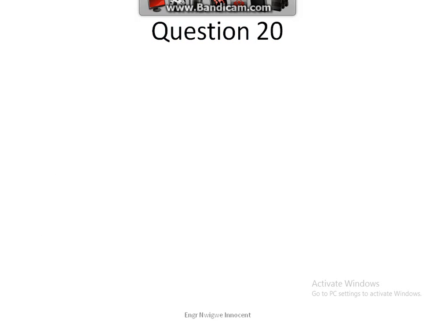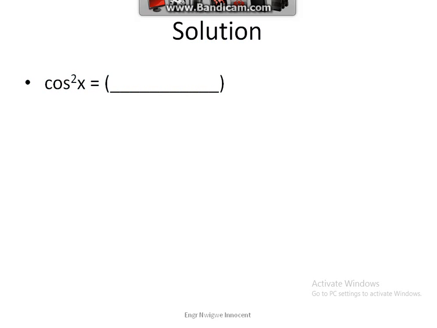Question 20. Evaluate the integral of cos squared s ds. Solution. From the law of trigonometry, cos squared s is equal to cos 2s plus 1 over 2.